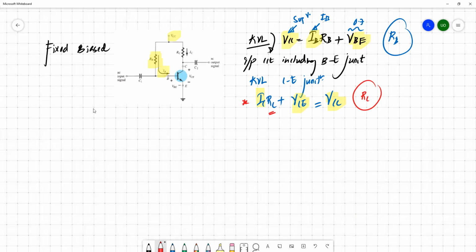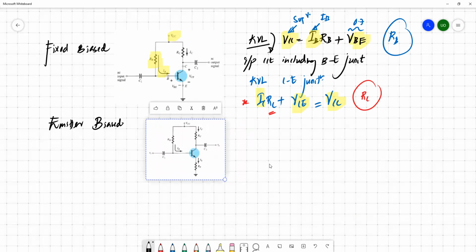So this is a very simple biasing mechanism. Other than that, we have some more flexible and advanced ways of biasing. The second option is emitter bias. With this emitter bias, you have a resistor placed at the emitter terminal.